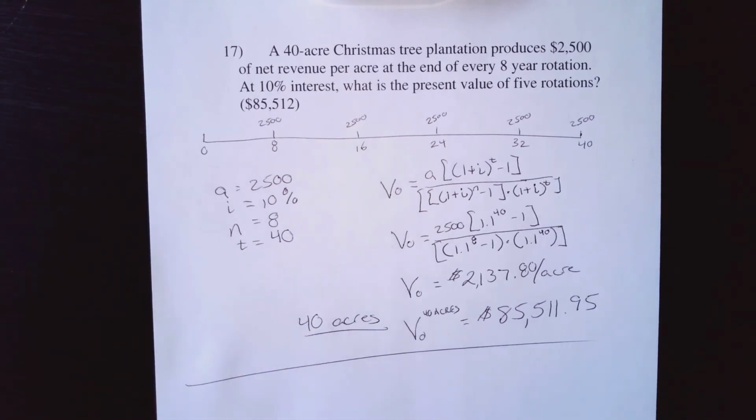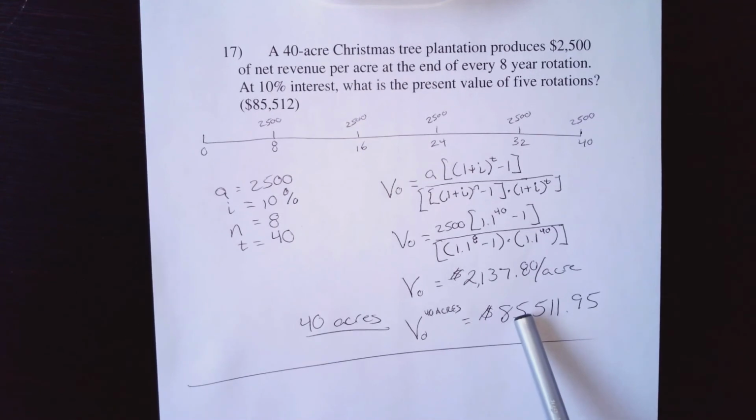So if you're negotiating with someone on a contract for managing this farm or this area for 40 years, you don't want to go higher than $85,511. If he's or she's asking $90,000 for the right to use this land for 40 years, you don't accept that. You will lose money at 10%, or you will not make 10%. If he's asking $80,000, that's a good deal. You know that you can make 85 at 10%, and so you take it.